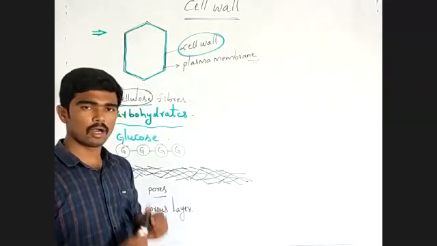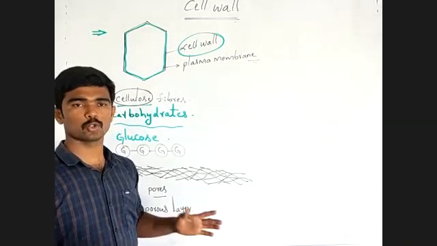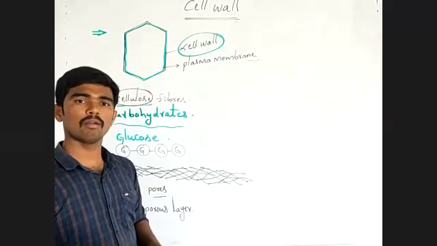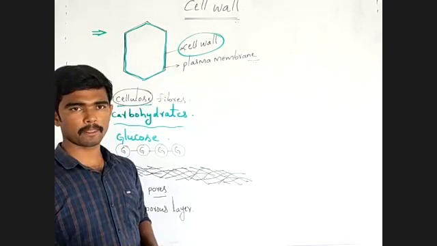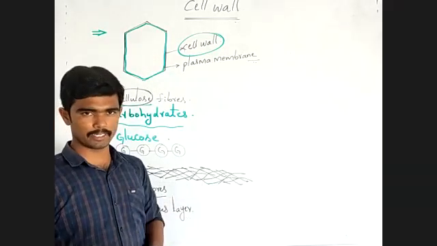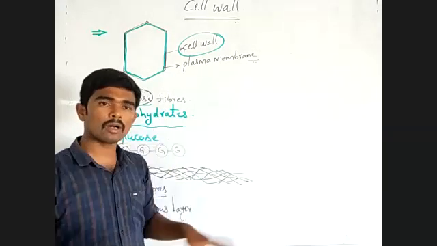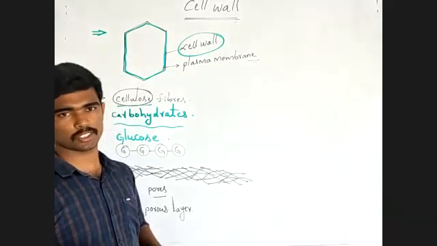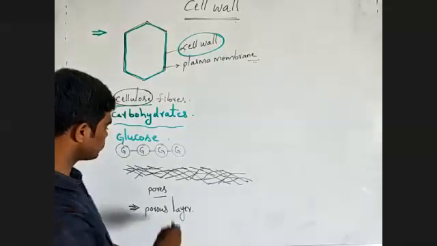It allows all substances through it. That is why the cell wall is called a permeable membrane. Understanding?